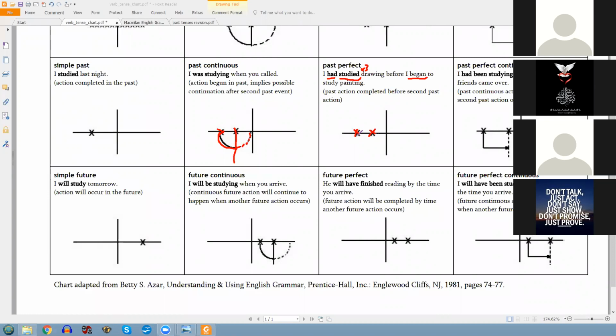And when we come on to reported speech later on, sometime this week, you will see how reported speech works. The main verb, if it's a present verb, goes into the past.